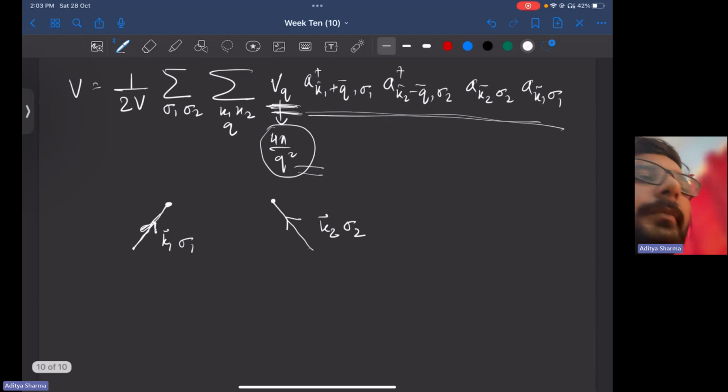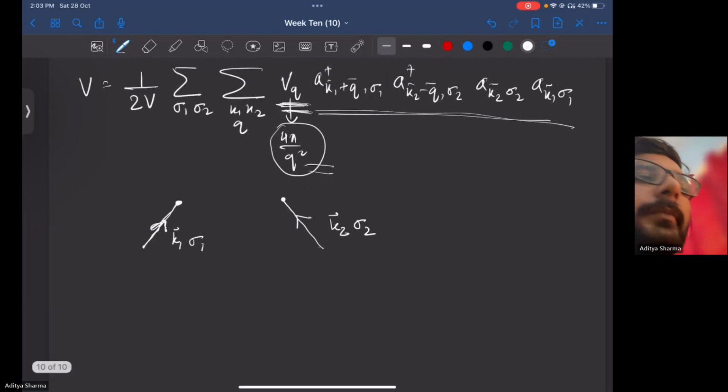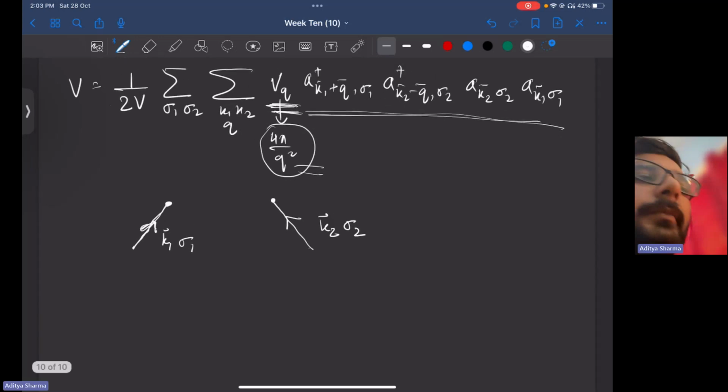This is mediated by this potential VQ, which is written here, 4 pi by q square. And it transfers momentum, say, to the first particle, and the momentum transfer is q. So if the transfer happens like this, then only I'm going to get k1 plus q.